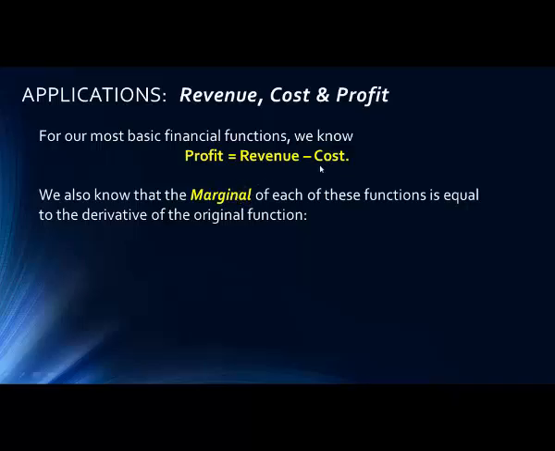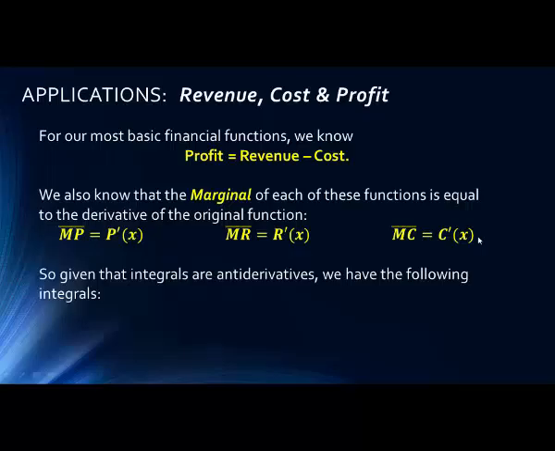We denote marginal profit with MP with a line above it, and it equals the derivative of the profit function. Marginal revenue is the derivative of the revenue function. Marginal cost is the derivative of the cost function.